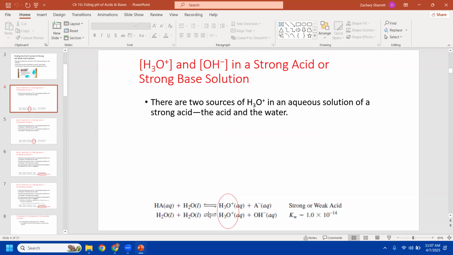If we are talking about a strong acid, what's the definition of a strong acid? Ian, what's a strong acid? Remember? It does have a lower pKa. It has a super high Ka.